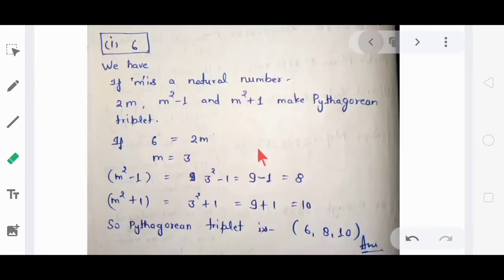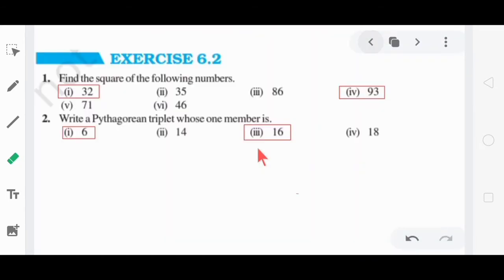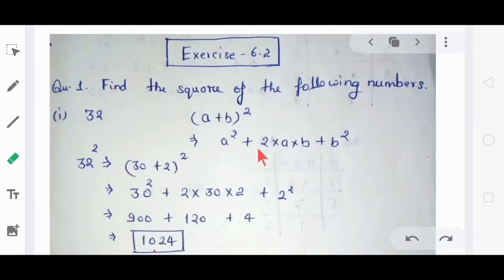So our first question is find the square of the following numbers, and the first number is 32. Find the square. So 32 can be written as 30 plus 2 whole square. We read it whole square. So we know that when two numbers are written like this, we can write a square, we can write b square, and the multiplication of these two numbers is going to be added 2 times.